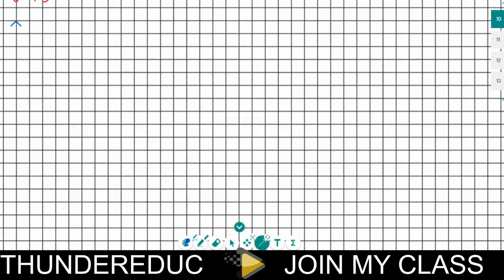Okay, I have this as my y-axis. Then I have this as my x-axis. I can even make it longer. So if this is our 0, I can make this a 45.